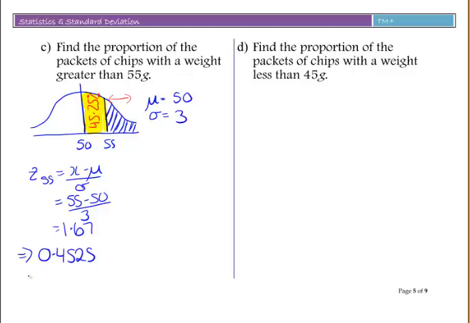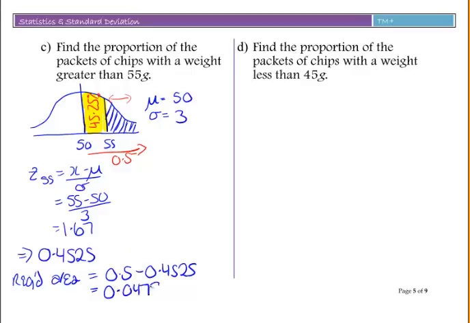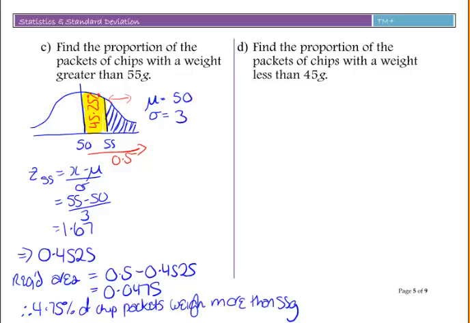So the required area equals 0.5 minus 0.4525, noting that all of this is 0.5, the whole thing. So we subtract from 0.5 and we get 0.0475. Finish with the therefore statement. So we have therefore 4.75% of chip packets weigh more than 55 grams.